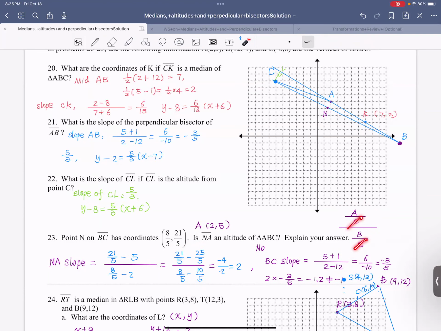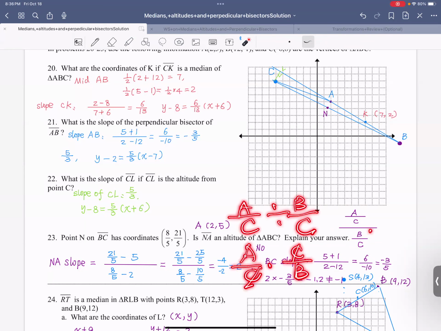If you don't know this method, I want you to be able to cancel it. A over C divided by B over C means you multiply by the reciprocal, A over C times C over B. So immediately this is A over B. I don't bother to carry on the C.